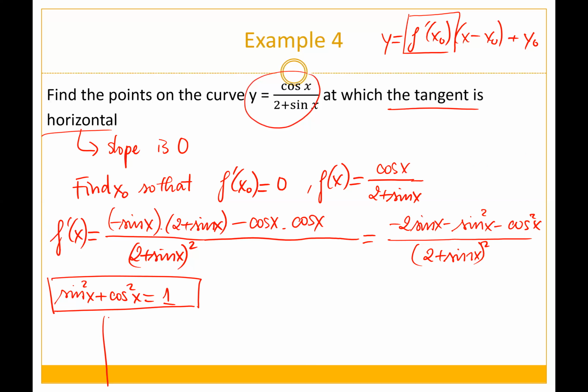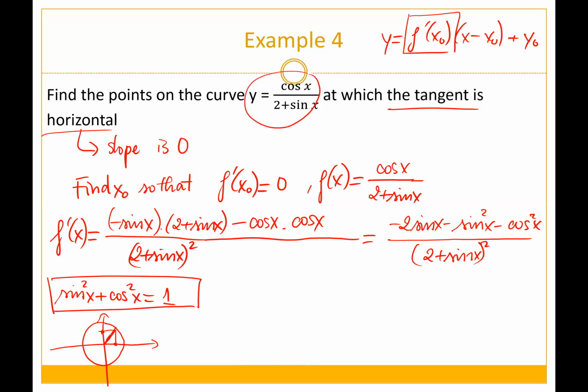It comes from the unit circle that I mentioned before. On a unit circle, the x coordinate and the y coordinate of a point are cosine x and sine x. So if we take x squared plus y squared, you get the radius of the circle, which is just 1.